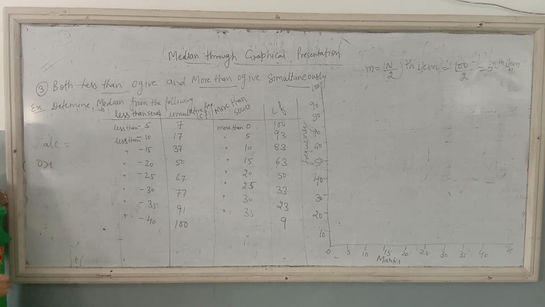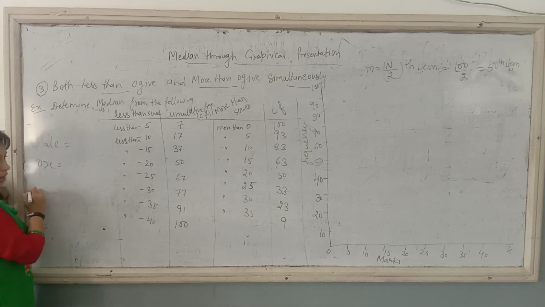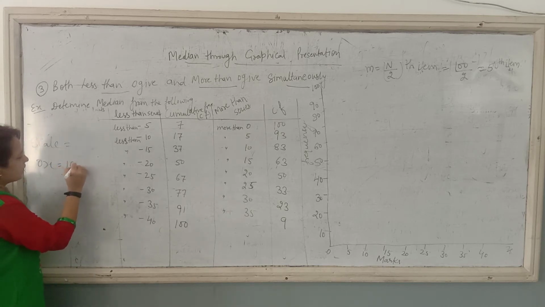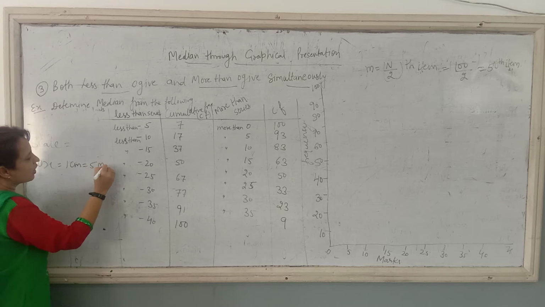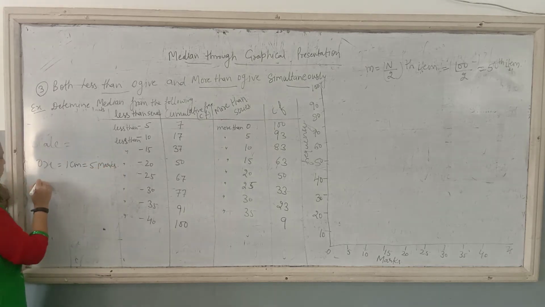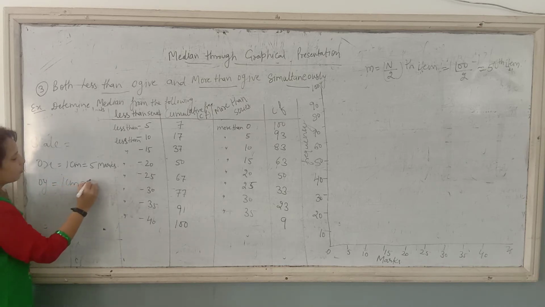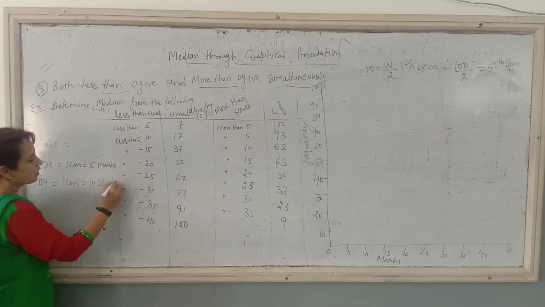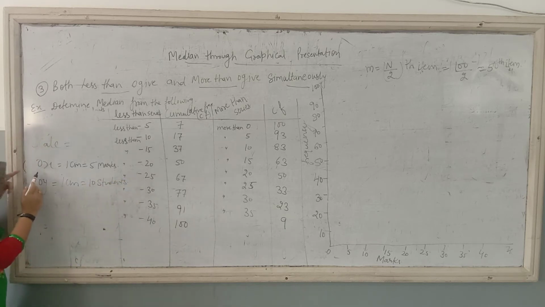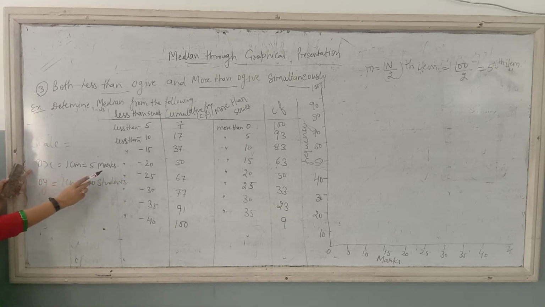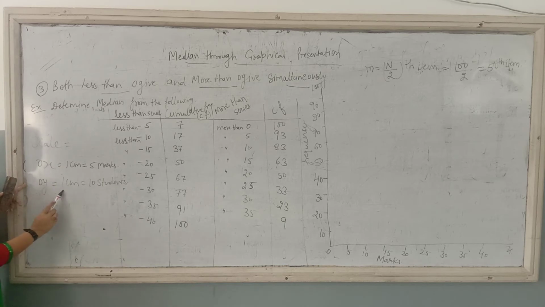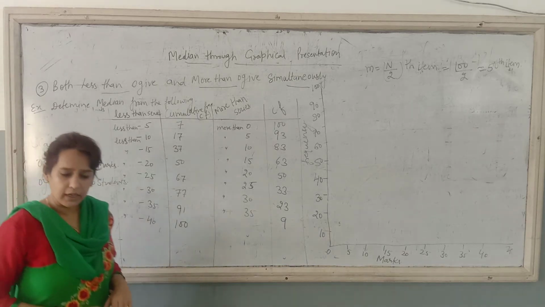OX axis, which shows marks: 1 centimeter equal to 5 marks. Clear? OY axis, what does it show? Number of students: 1 centimeter equal to 10 students. Clear?